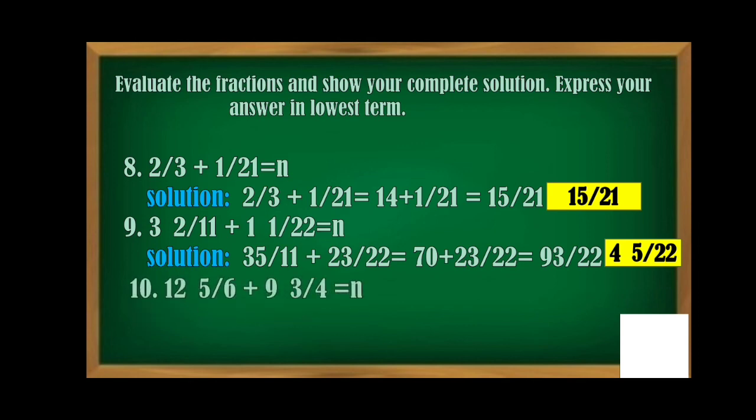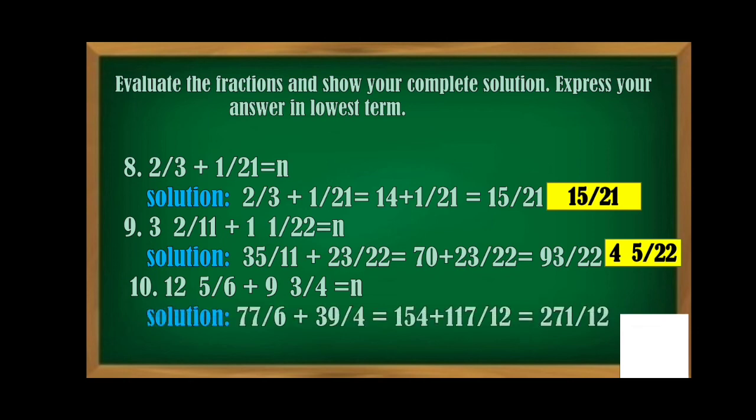And for the last number, number 10, 12 and 5/6 plus 9 and 3/4 equals n. Okay, so here is the solution. And the final answer is 22 and 7/12.